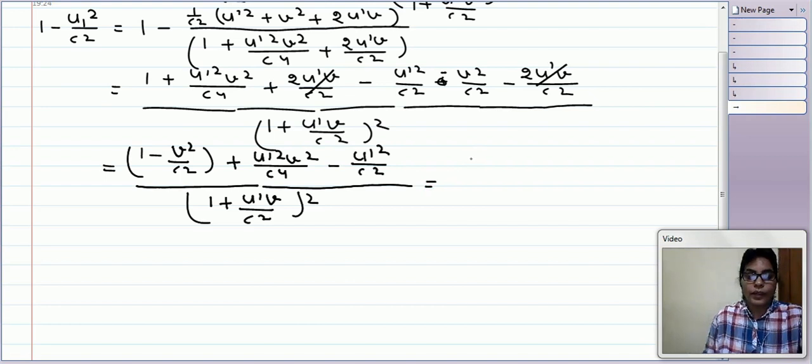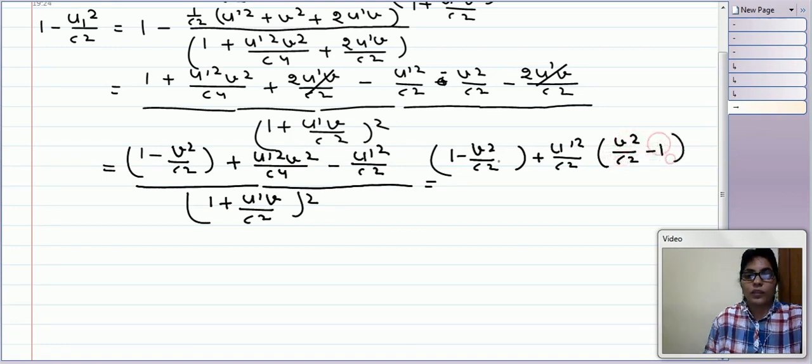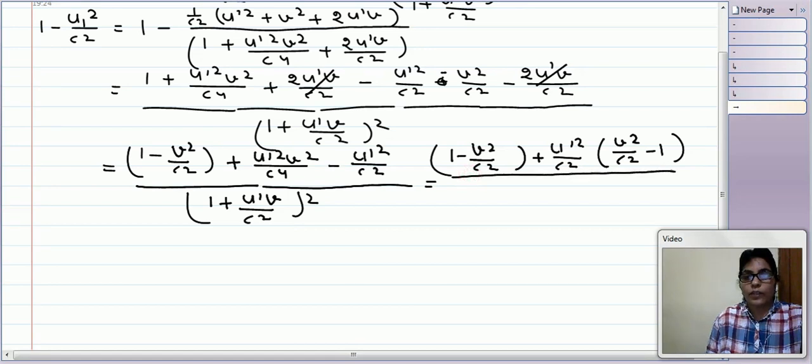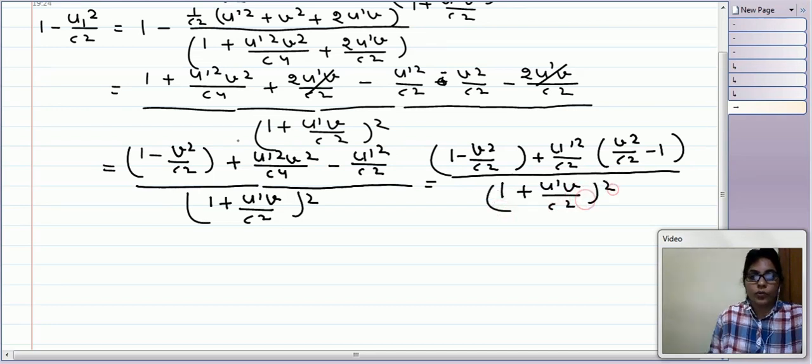Now we can take here common some factor. So 1 minus v square by c square, and then we can take common here u dash square by c square. So plus u dash square by c square. Then within bracket we have v square by c square minus 1, and this whole divided by 1 plus u dash v divided by c square whole square.